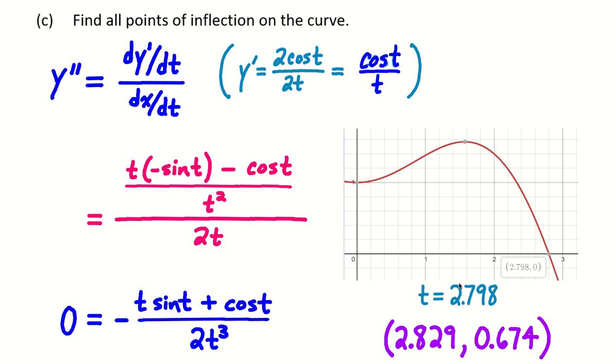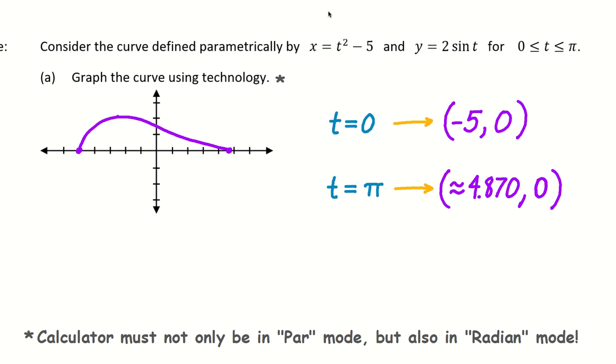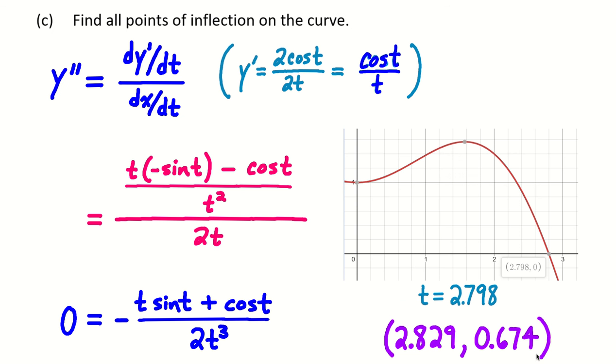If you plugged that into both x and y, you get this entire point of inflection. But you might only need the x value, right? Then you would take your t value and plug it into at least the x equation, maybe both.